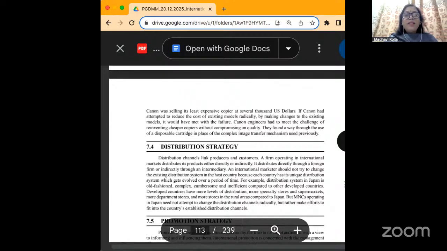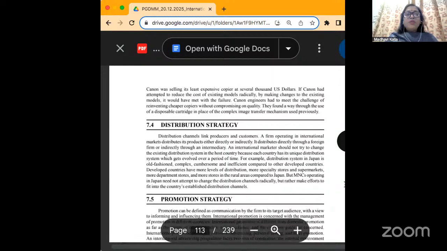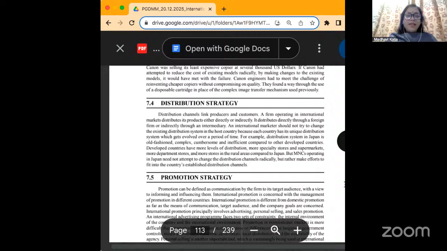They kept the existing copiers' pricing more or less the same, and over a period in time, they weaned off those products. But as a short-term measure, they came up with cheaper models which could meet other competitors in the market. So that is known as the market approach. So we have seen the cost approach and the market approach in terms of pricing determination. Then we are talking in terms of distribution strategy.